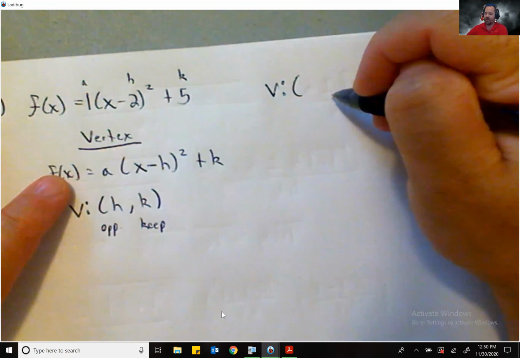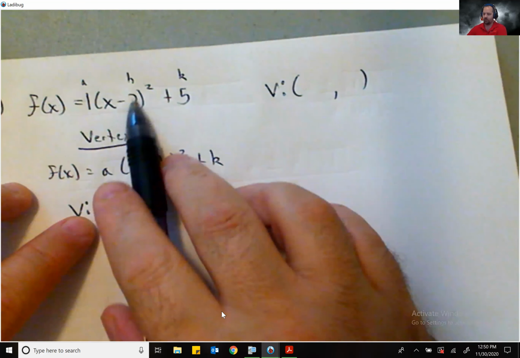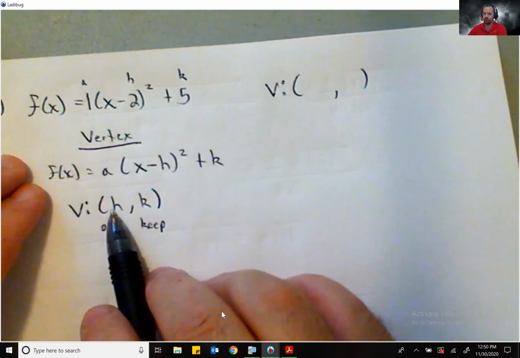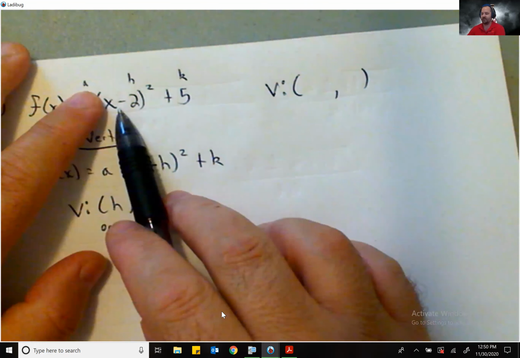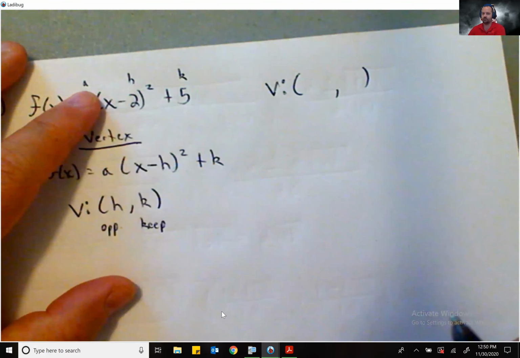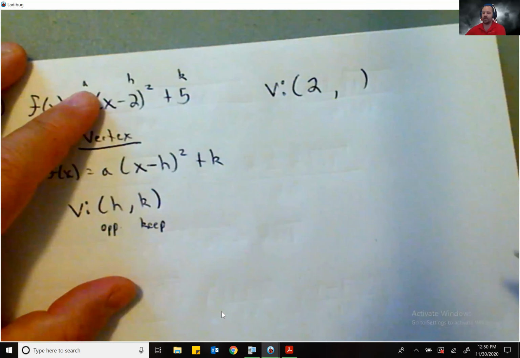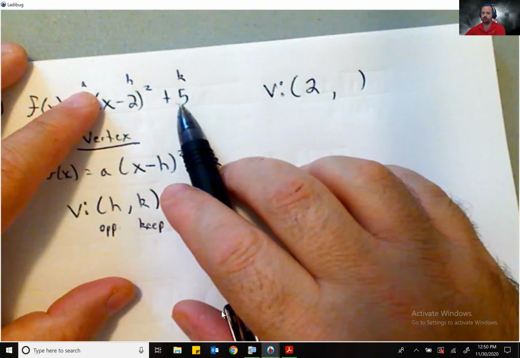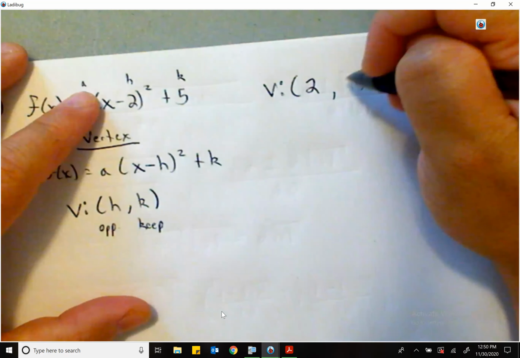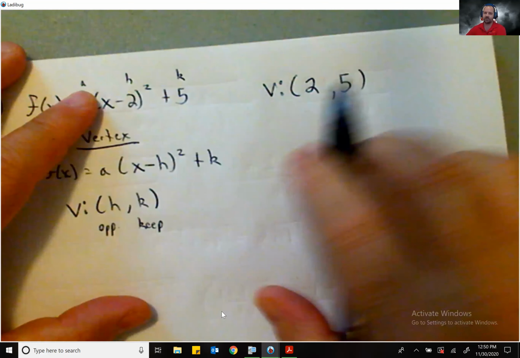Remember, think the opposite of what you see up here. That's what's going to go in here. So what's the opposite of negative 2? 2. So there's the h. And then what's our k? 5. There's our vertex, 2, 5.